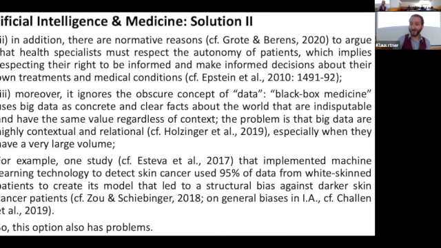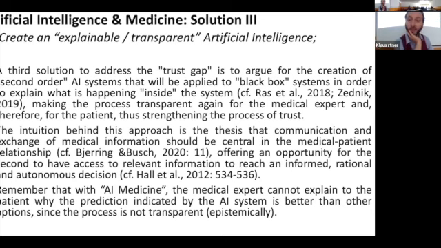Okay. So the third and last solution that I think we can provide to answer the trust gap is to argue in favor of explainable AI, or what we can call transparent AI. The idea is that we want to explain what is happening inside the system, because that will enhance the trust relationship between patients and doctors.